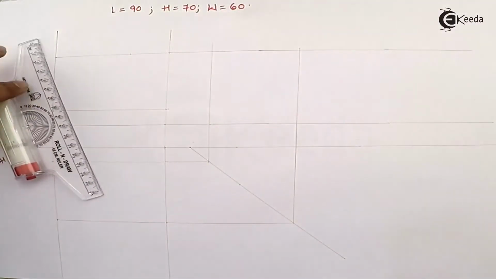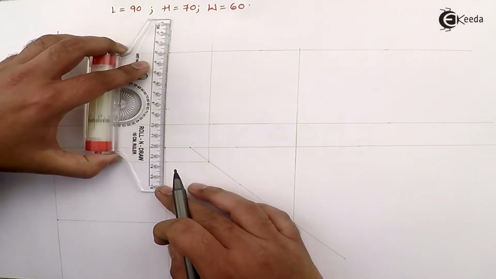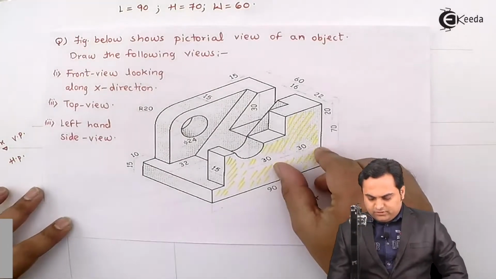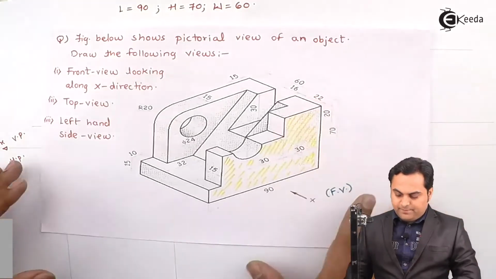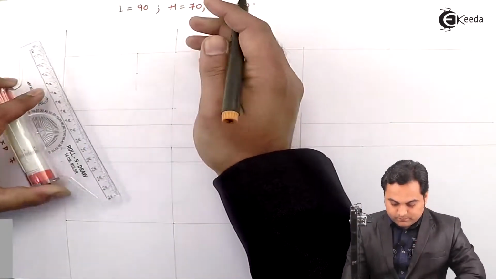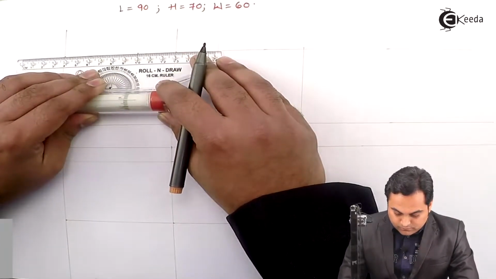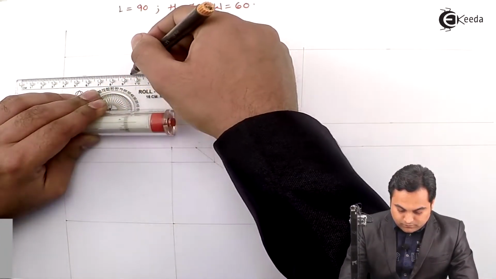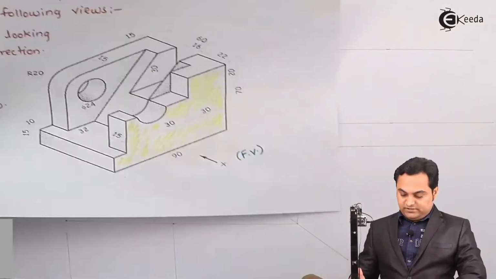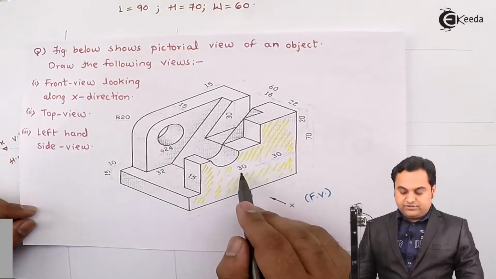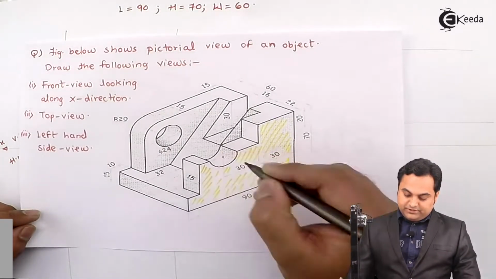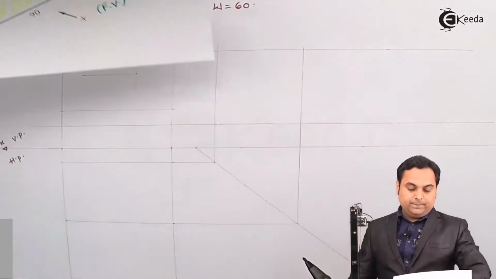Then projecting light vertical line downwards. So after taking length of 30, it goes down by 20 mm. Projecting light horizontal line. Next, after that, here there is another 30 mm, and after taking this 30, I'll reach up to this center for the semicircular portion.